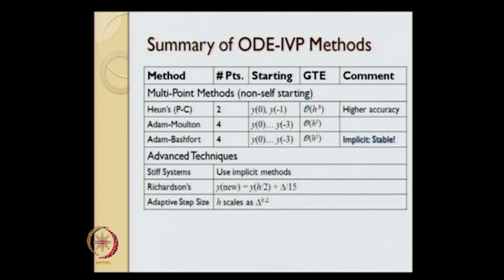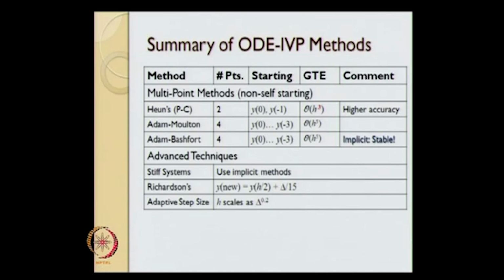And then in today's lecture we covered what is known as the multi-point methods, and an example of a multi-point method is Heun's predictor corrector. Indeed, Heun's predictor corrector method is an Adams-Bashforth-Moulton method of second order. It is a non-self-starting method which has a global truncation error of h cubed.